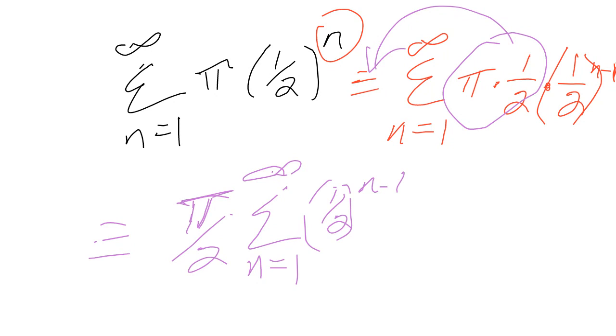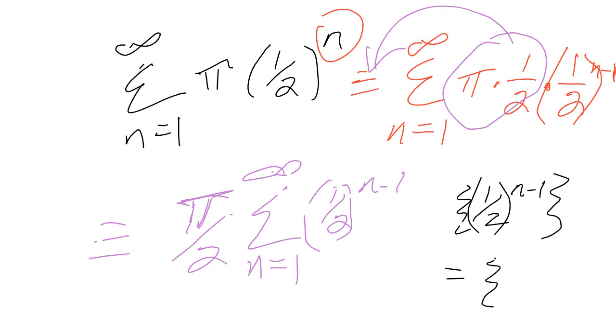If I write that sequence out, 1/2 to the n minus 1 power, and I write out the elements, if I plug in n equals 1, that's 1/2 to the 0, which is 1. And then if I plug in 2, it'd be 1/2 to the first, and then 1/2 to the second, which is 1/4, 1/8, etc. And it keeps going on that sequence of terms here.